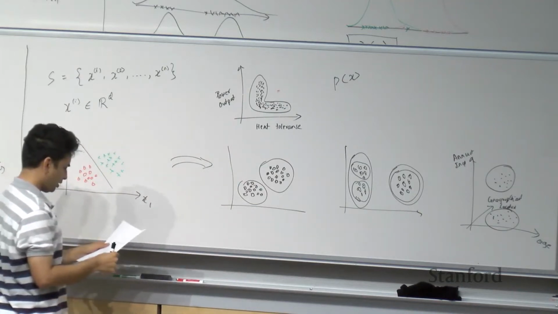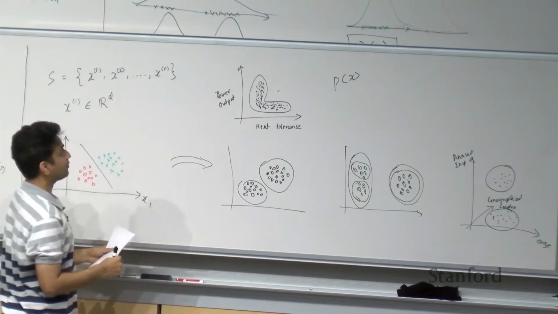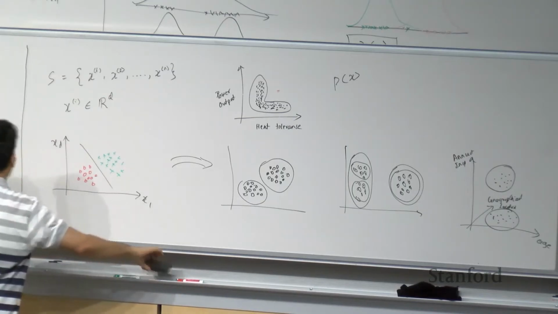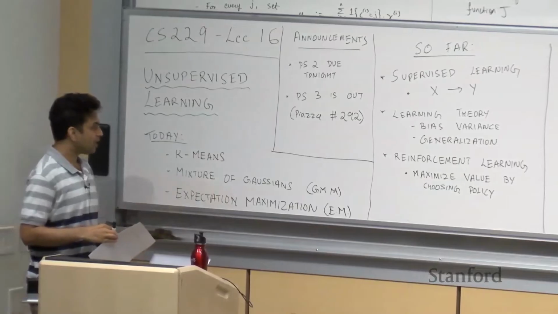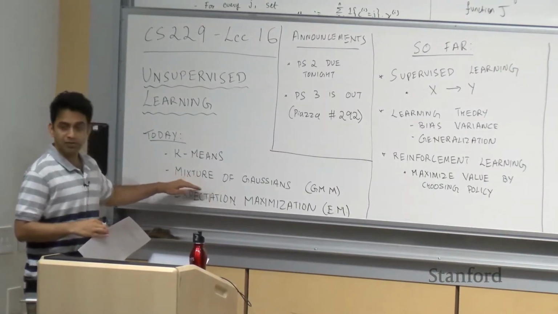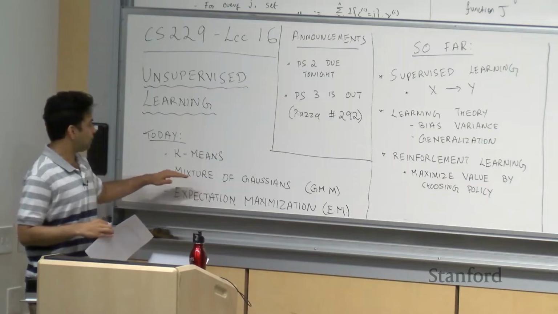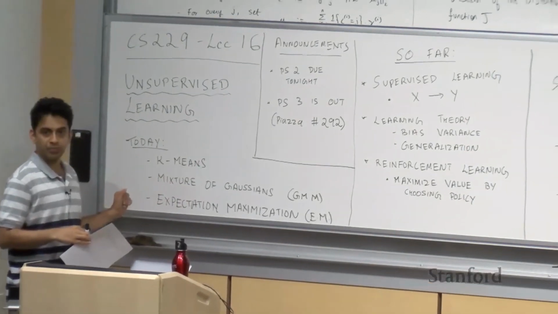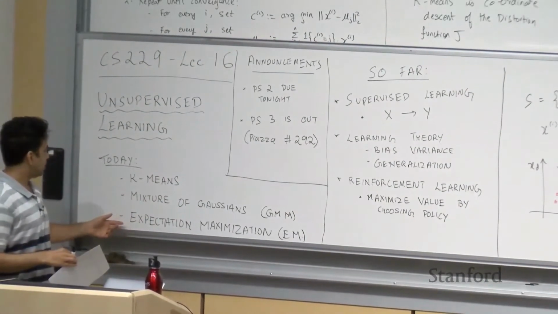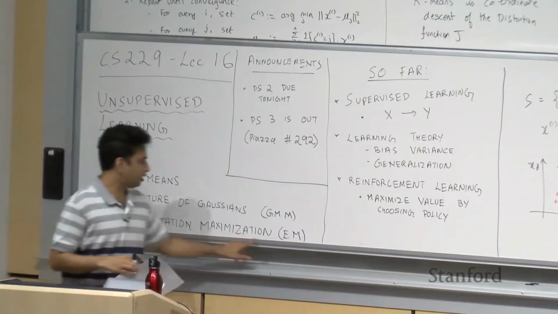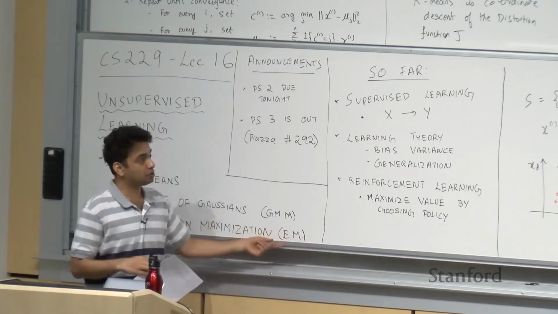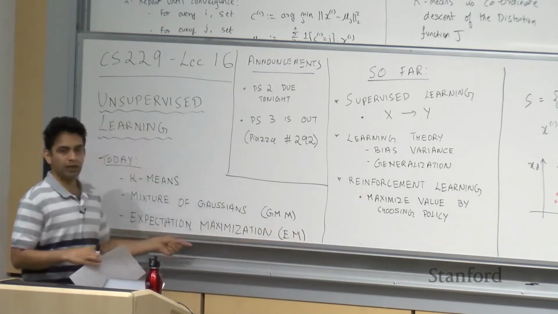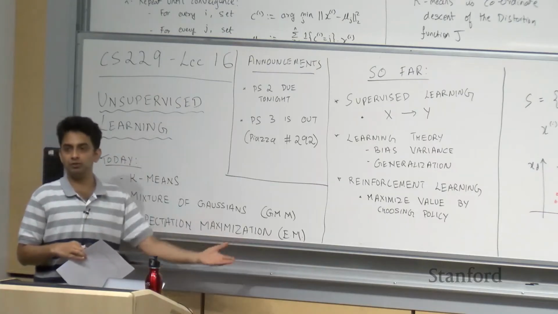And the way we go about doing mixture of Gaussians is, first we are going to provide you an algorithm to do mixture of Gaussians, and we're going to construct this first algorithm based purely on intuition, and then we're going to describe this general framework called expectation maximization, and then rederive the Gaussian mixture model using this framework, and see that we end up with the same algorithm that we got using intuition.